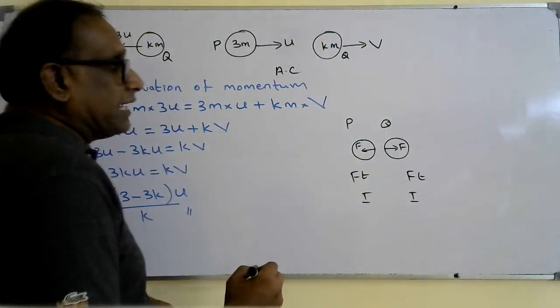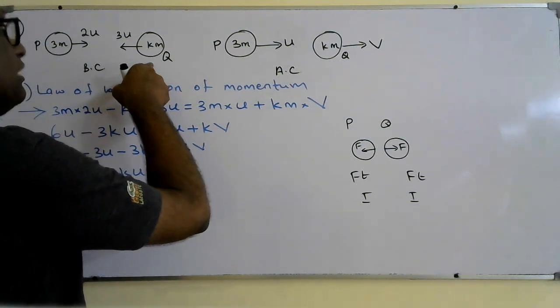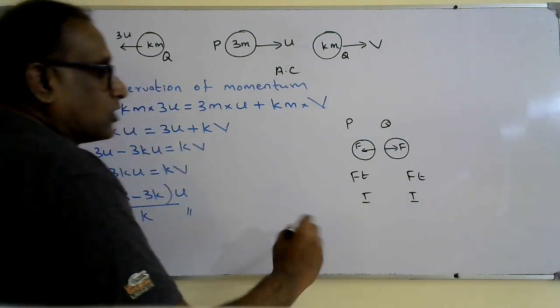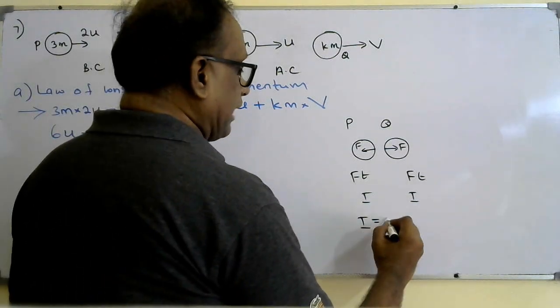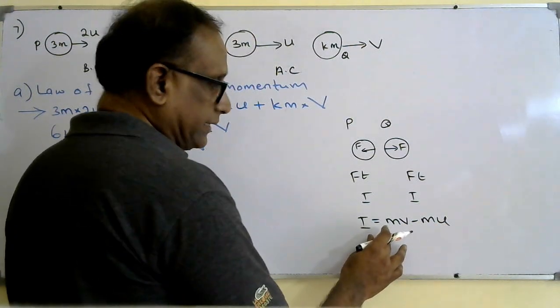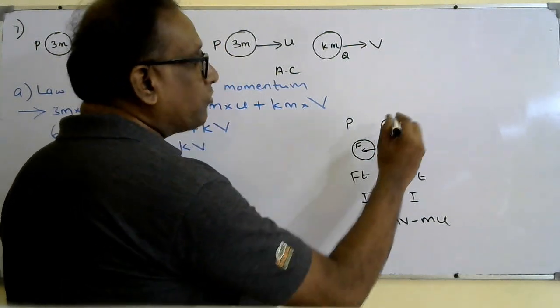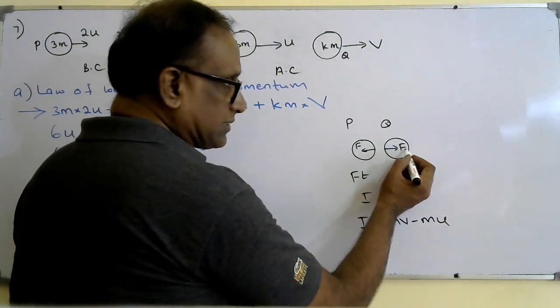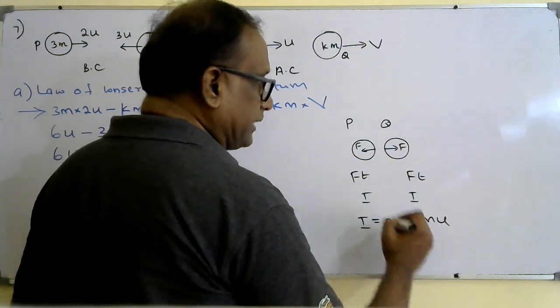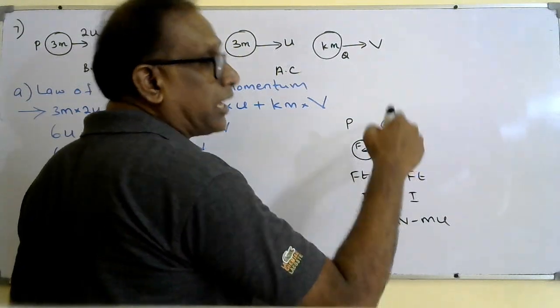The question is, find the impulse experienced by Q. So if you try to do it, we also know that I is equal to mv minus mu. That mv minus mu is a vector quantity, and the direction of I is in the direction of force. So for Q, the impulse will be towards right. That means change in momentum of Q is towards right because it experiences force during collision.